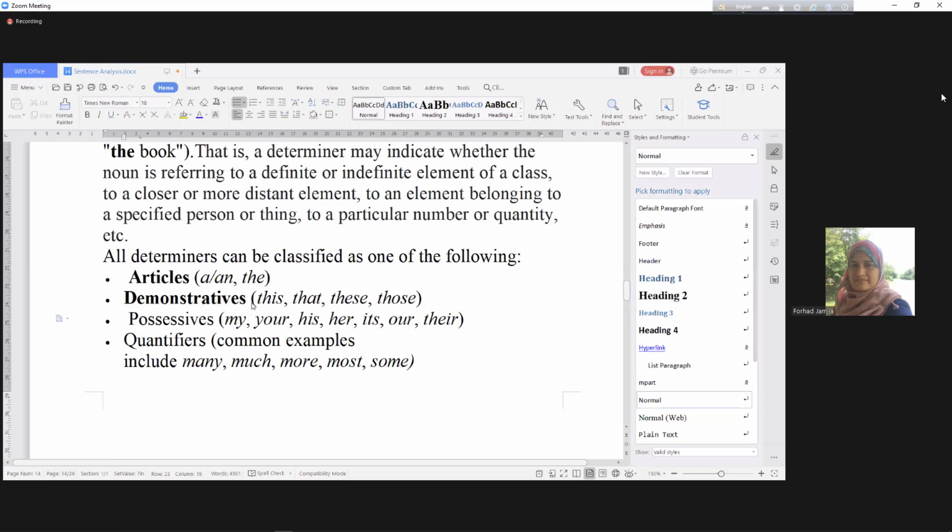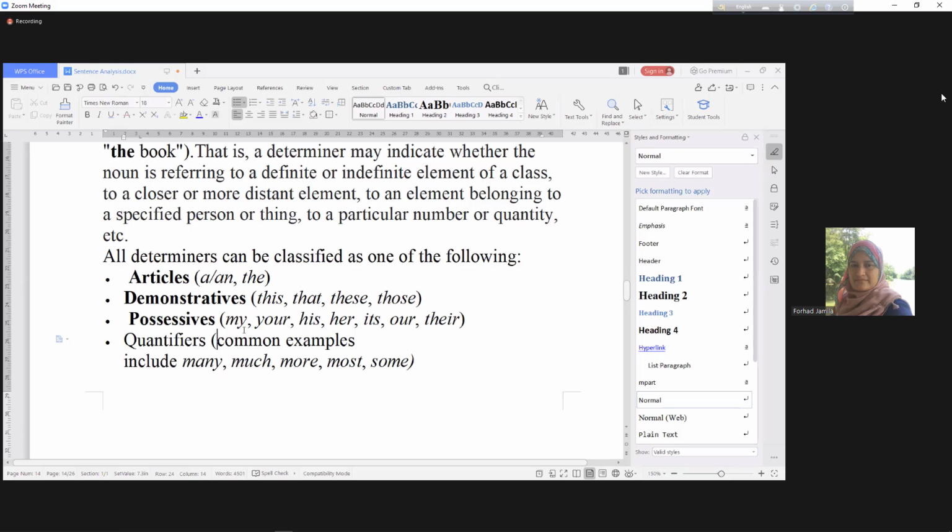Next one is possessive words. Possessive pronouns are also used to specify things. This is my book, this is his book, this is her book, this is Karim's book. We use apostrophe s to indicate possession.